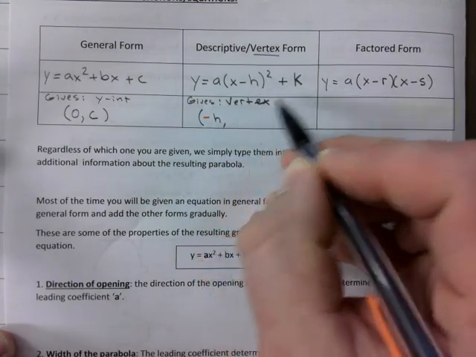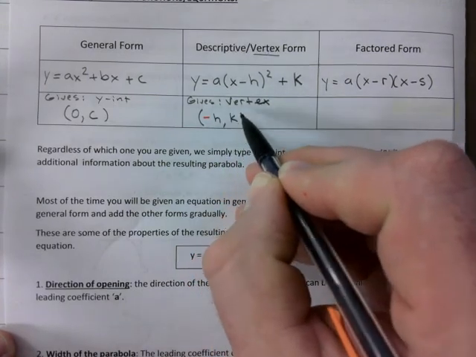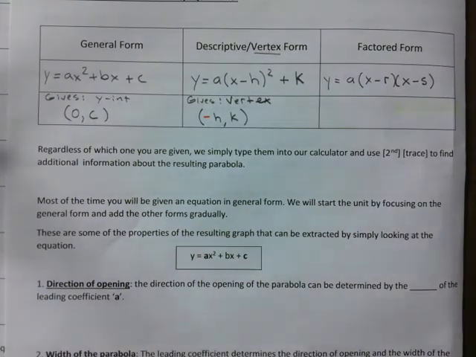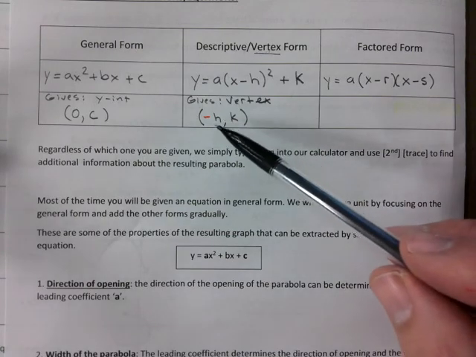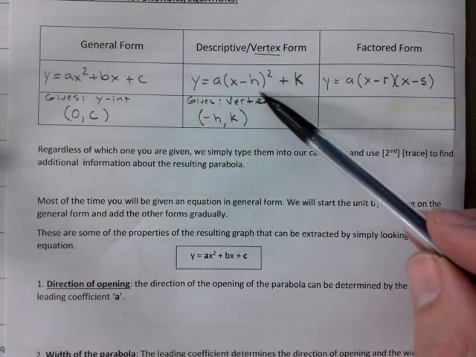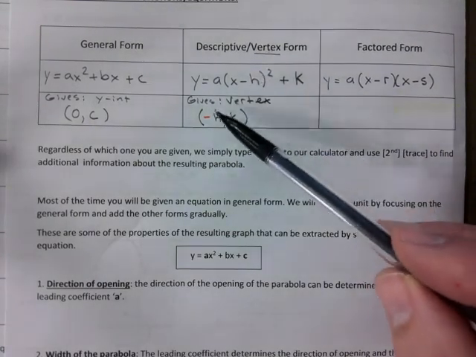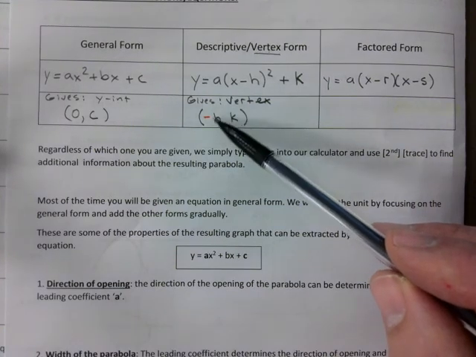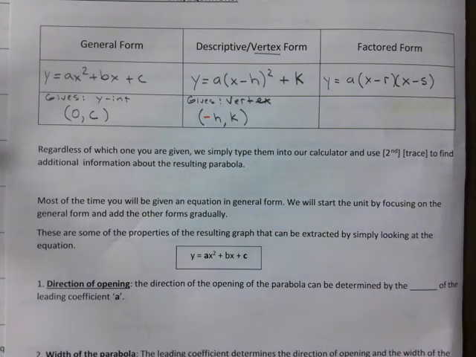So it's negative h, k. And I will show you what I mean later on. Right now, this might be gibberish to you, but it will make sense later on. So if there had been a plus 5 in here, you would have to take it out and make it a negative 5. It's the opposite, okay?